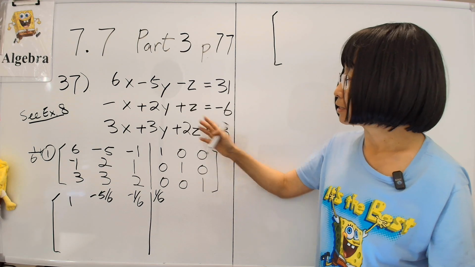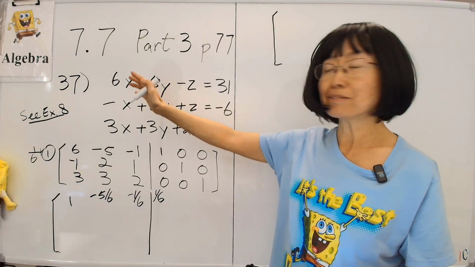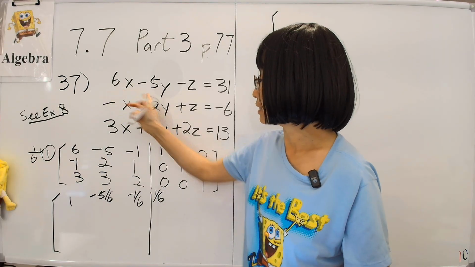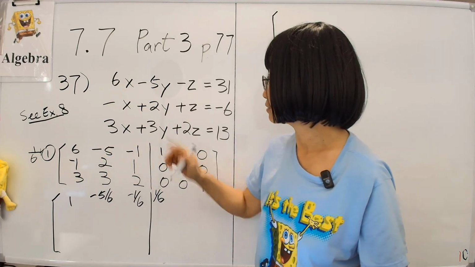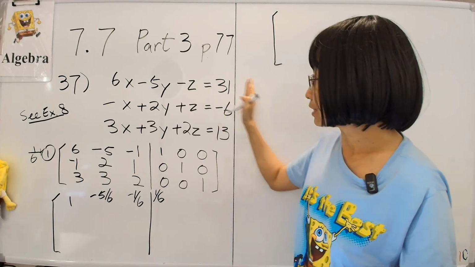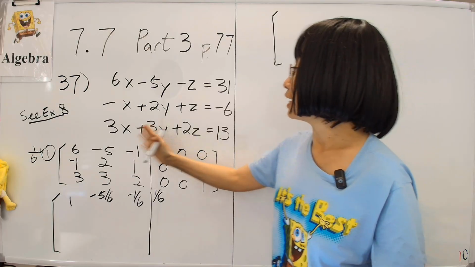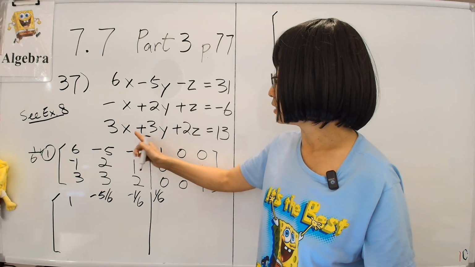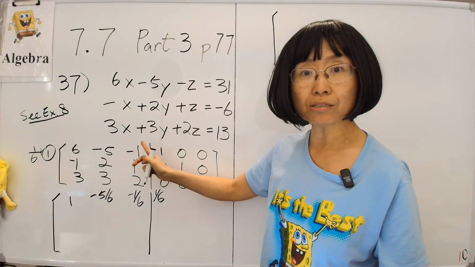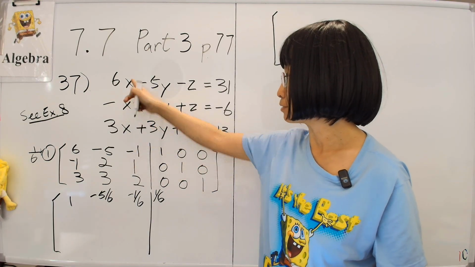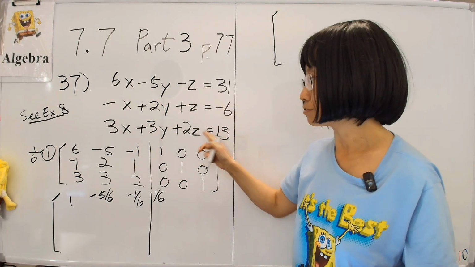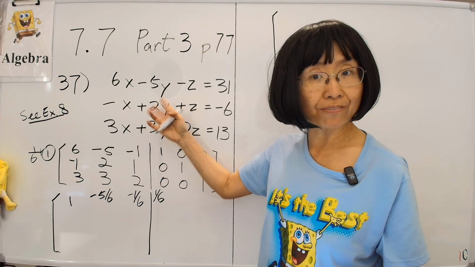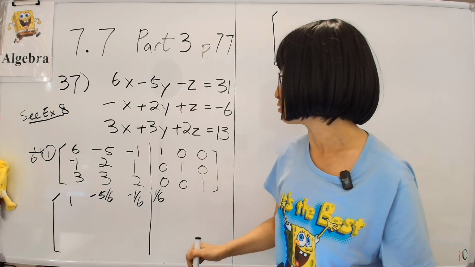And by the way, I forgot to mention, this is our original problem, okay? And I write down all the numbers down here, 6, minus 5, minus 1, etc. And I don't write this part. This part comes later. And so I write down all the numbers in style. Things have to be ordered properly though, okay? The first row has to be X, the second row Y, the third row Z, so that everything's lined up. If anything here is reversed, you have to fix it first before you write it down into the matrix.